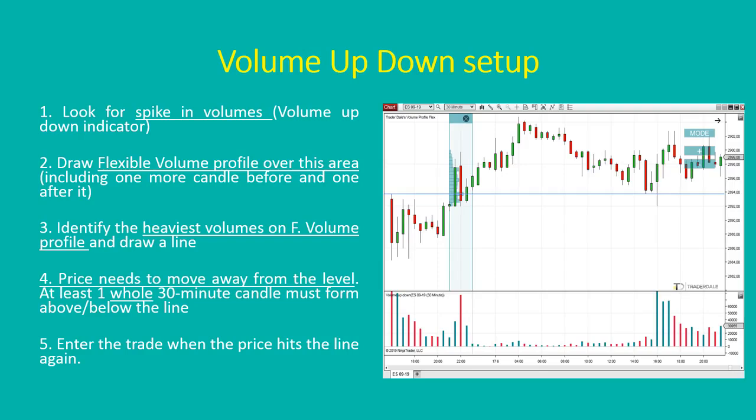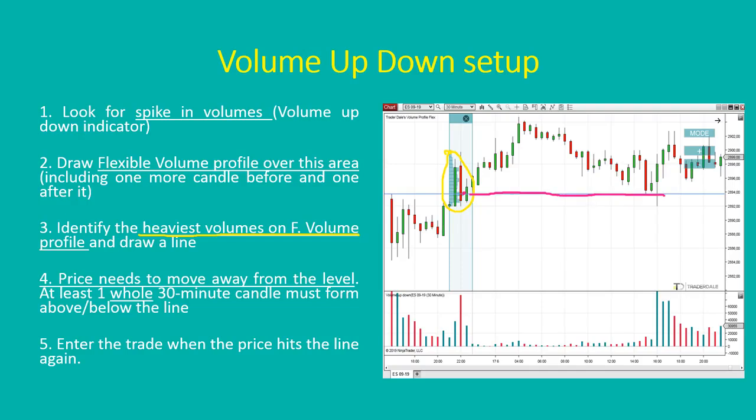So the third step is that you identify the heaviest volumes on the flexible volume profile. So you look at those volumes and you identify the heaviest volumes. In this case, it's in here. This is where the volume profile is the thickest, in this area. So you identify the heaviest volumes and you draw a line from there.